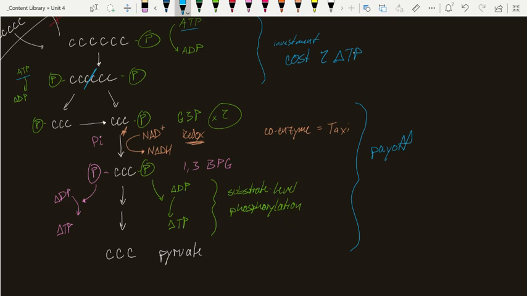For the payoff, we got an NADH, but remember, everything that you see here happens twice because we had two glyceraldehyde 3-phosphates. So for the payoff, I get 2 NADH. I generate 4 ATP.